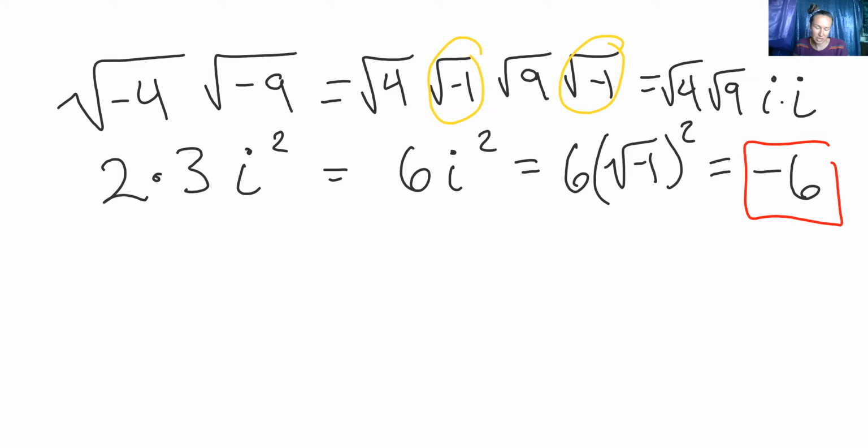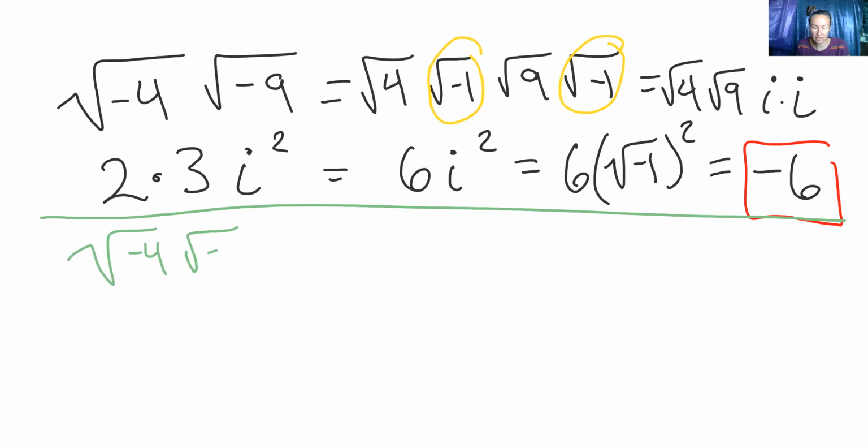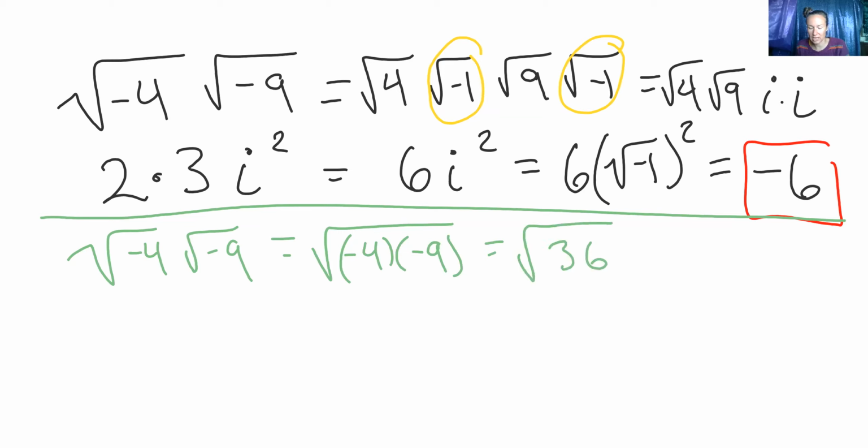Maybe you're wondering, couldn't we alternatively just say square root of -4, square root of -9, use the product rule? That's the square root of -4 times -9. Double negatives become a positive. We get the square root of 36.